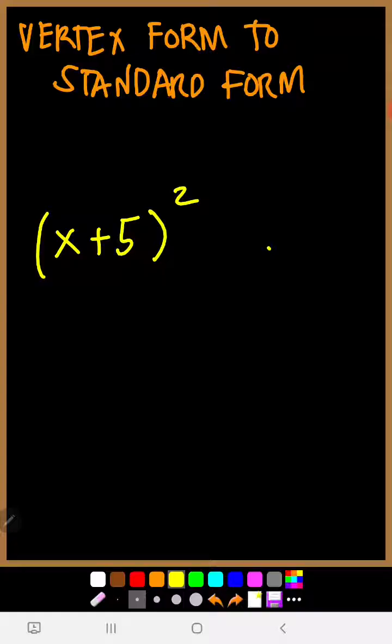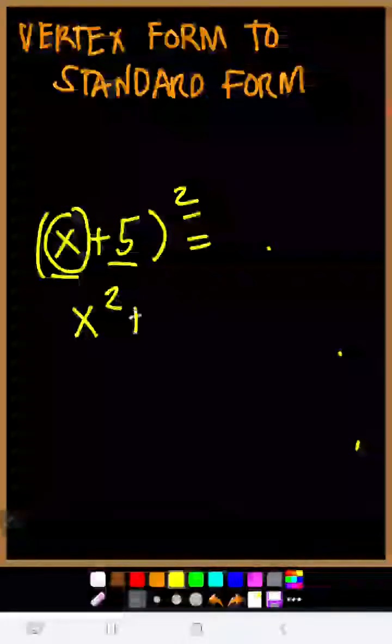So, remember, it's just square the first term. So, ang first term natin ay x. So, that is x squared. And then, multiply the first term times the second term times 2. Okay, so x times 5 times 2. So that is positive 10x.